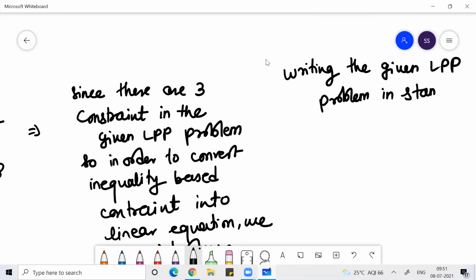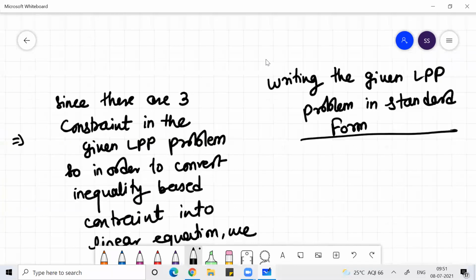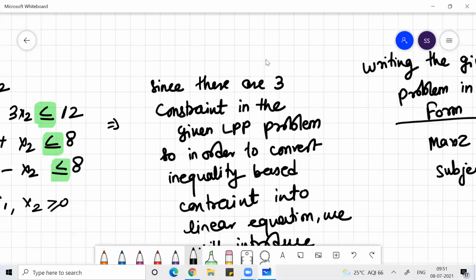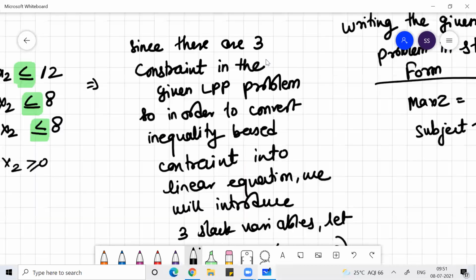If I'm trying to write down the given LPP problem in the standard form, I'll write maximize z equal to 3x1 plus 2x2, subject to, what is the first constraint? 4x1 plus 3x2 should be less than or equal to 12.